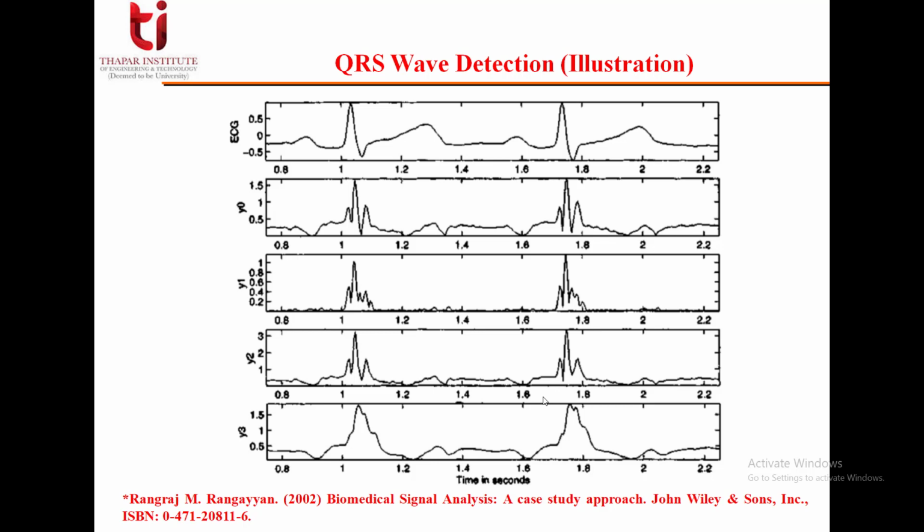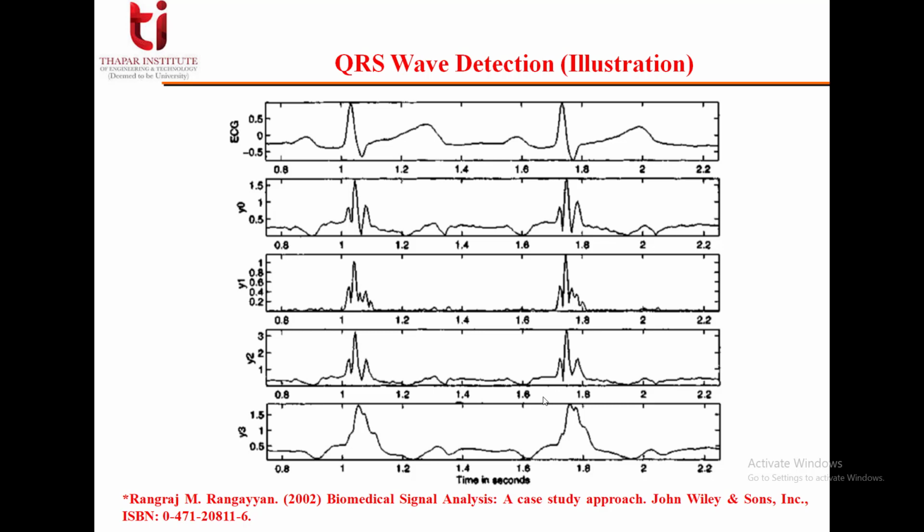We can see that it gives relatively high values in the derivative-based results at the QRS locations, and the outputs are low or negligible at the P or T wave locations, in spite of the fact that the original signal possessed unusually sharp and tall T waves. Even in y2 we still get local peaks, so it is not very prominent which one is the exact location.